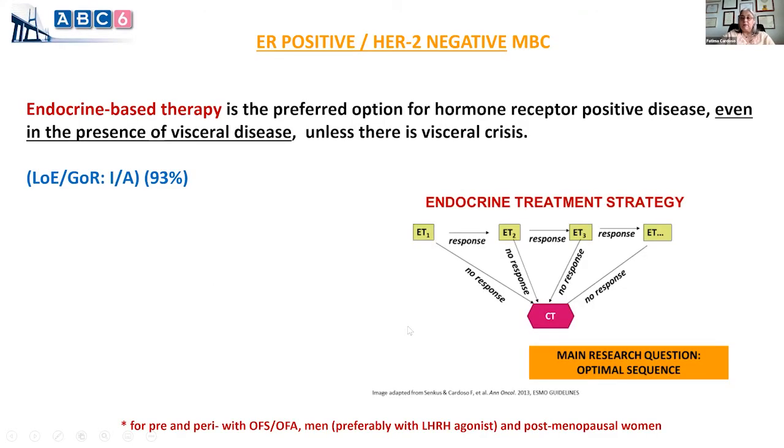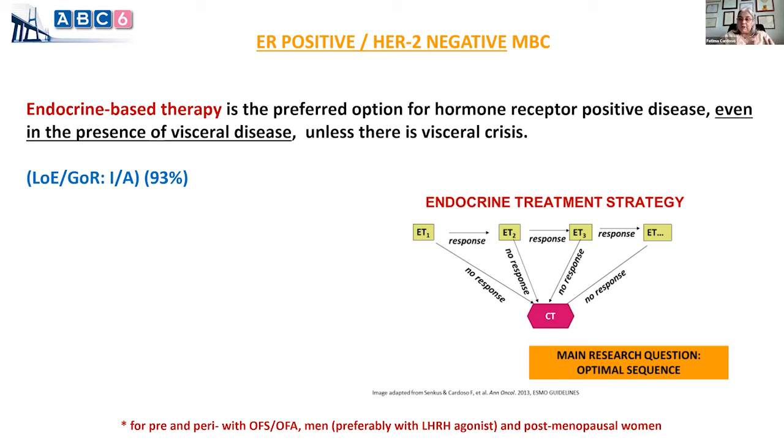And this is why what is recommended is to give endocrine-based therapy for almost all. There is just one situation where we should consider chemotherapy, and this is called visceral disease, visceral crisis.